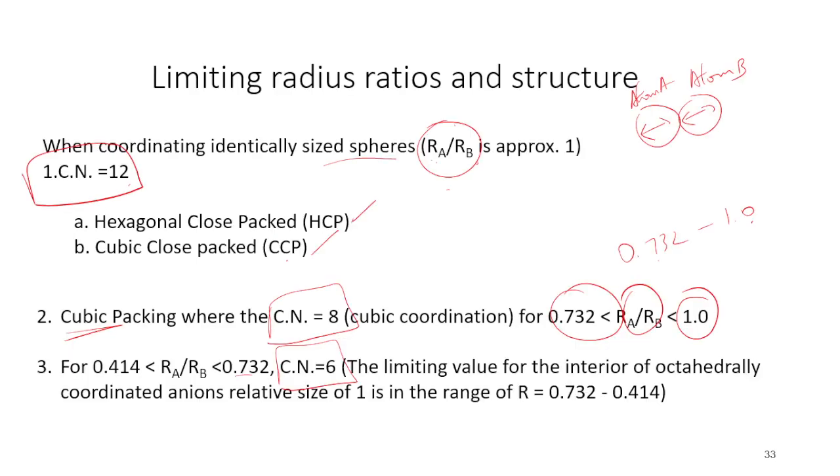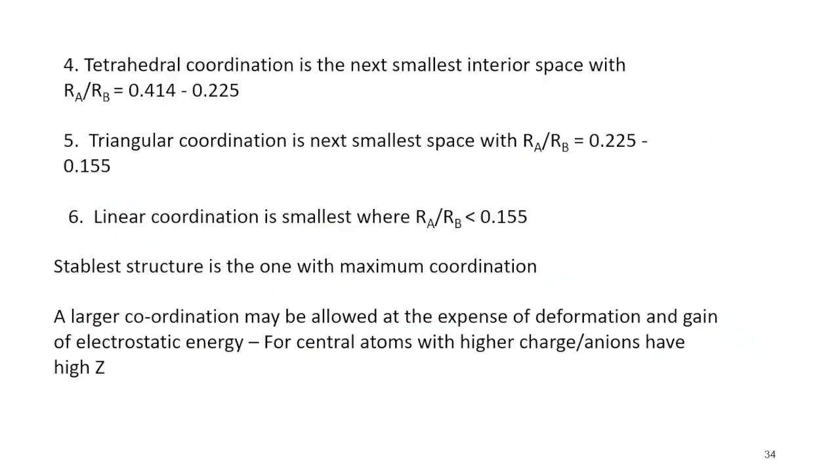Here the coordination will be octahedral coordination. If it's 8, it will be cubic coordination. If it is 12, very close in diameter, it will usually be an HCP structure. CCP is very rare, so it's usually HCP.